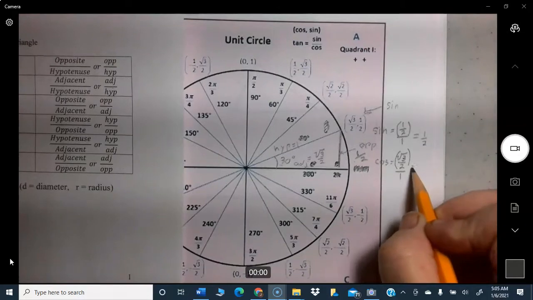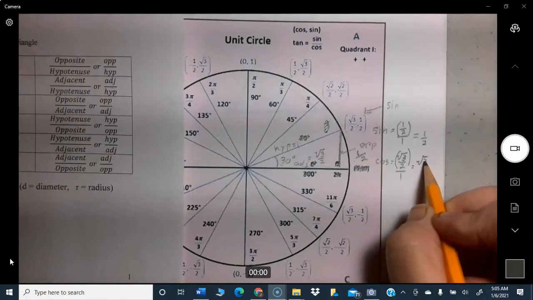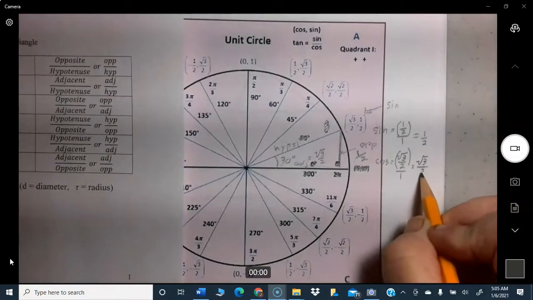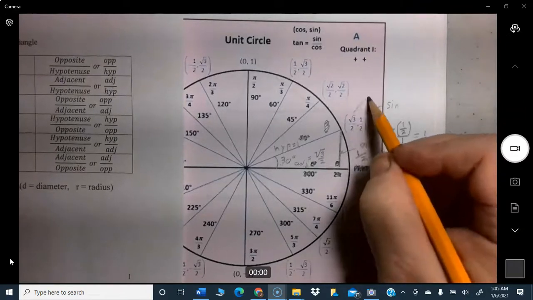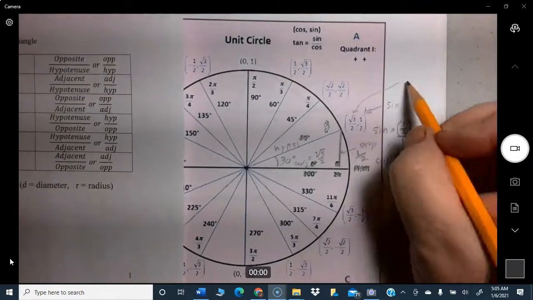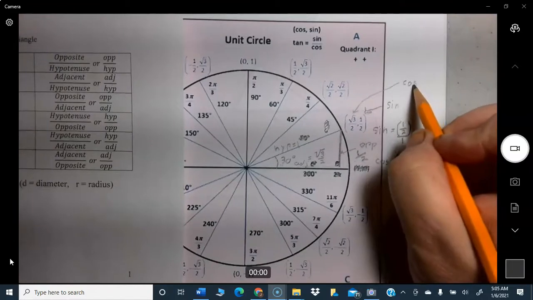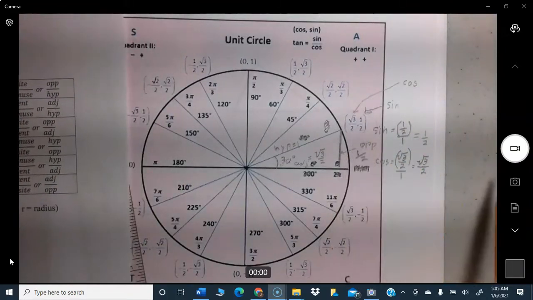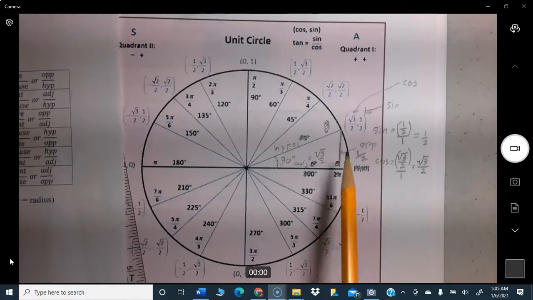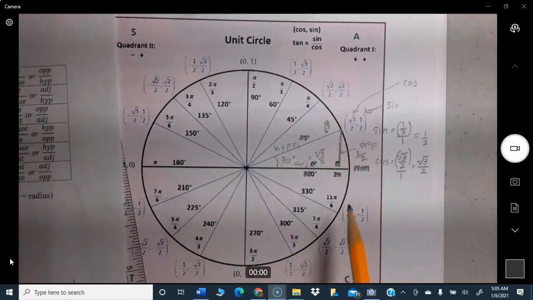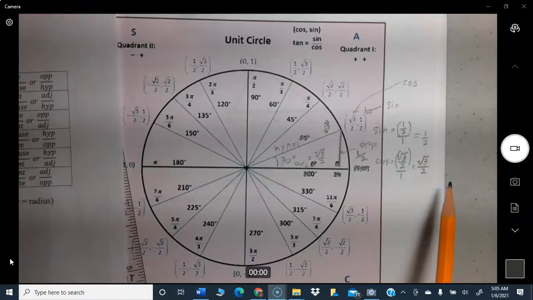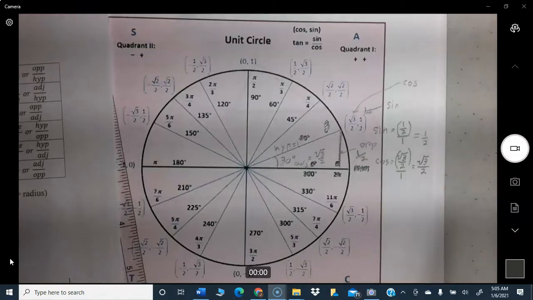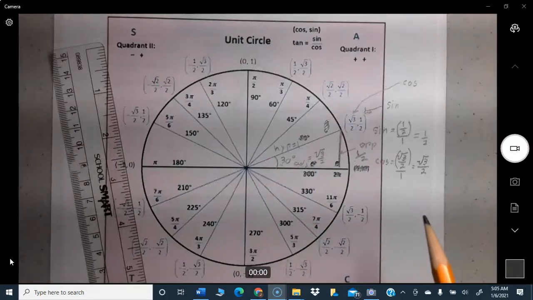Well, of course, that'll just simply equal square root of 3 over 2. That means that this number is the cosine. So that represents the cosine, that represents the sine. And the same would be true of any of the other angles as you go around here. So just kind of a refresher on all of that as we go into this assignment.